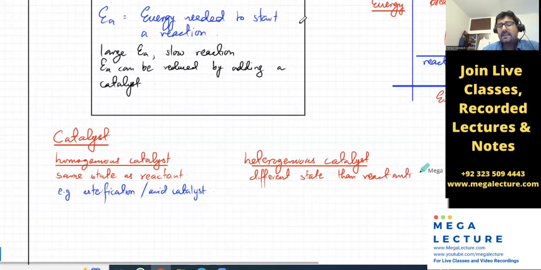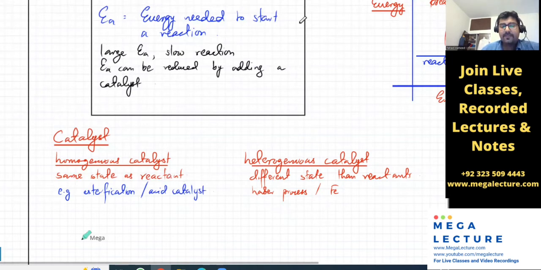So the point is, how does a catalyst reduce activation energy? How does it make it easier to break bonds? Anyways, this one is a different state. What examples for that? Haber process. In Haber process, everything was a gas, and the catalyst was iron, which is a solid. So it had a different state.